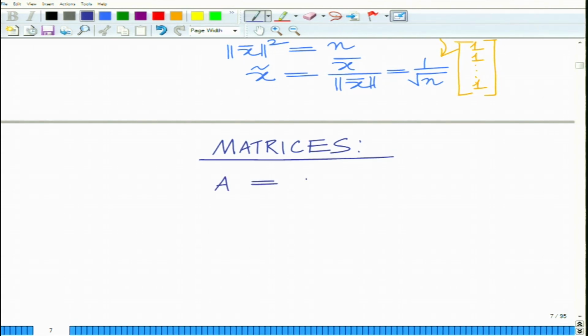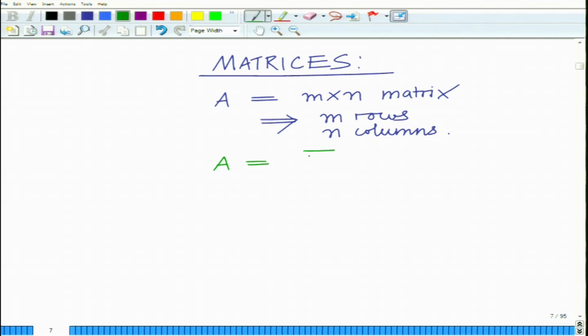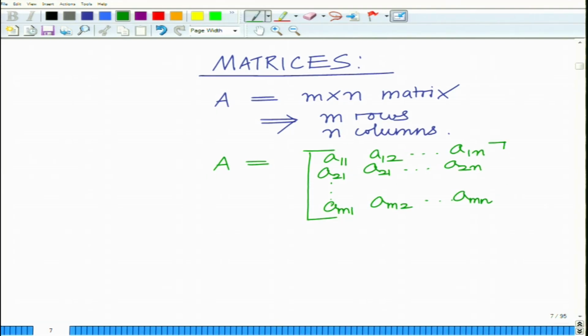So, let us consider an m cross n matrix A. This implies A has m rows and n columns, and you can represent A as the matrix with rows A11, A12, so on up to A1n, A21, A22, so on up to A2n, and the mth row is Am1, Am2, so on up to Amn.